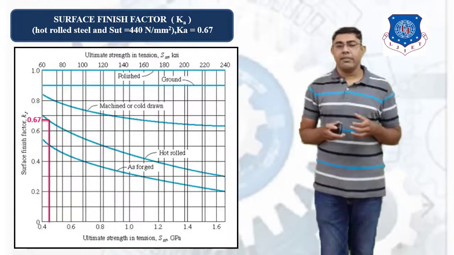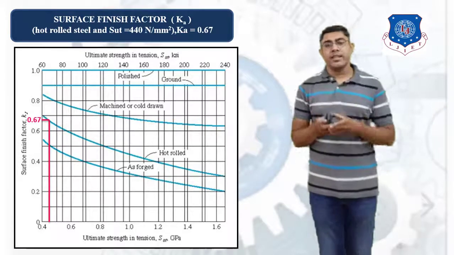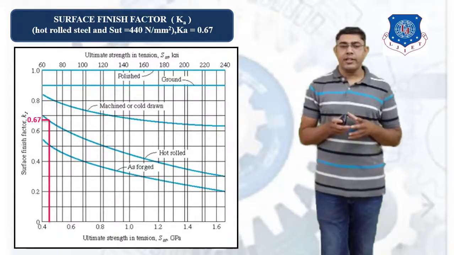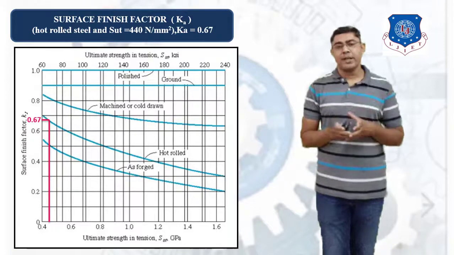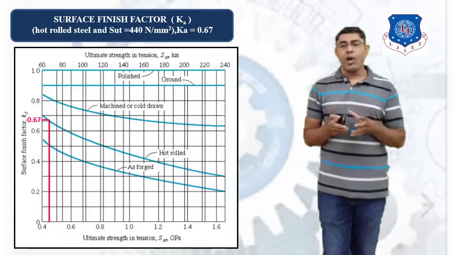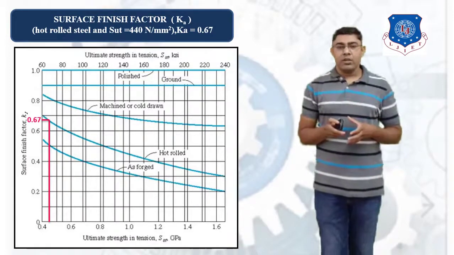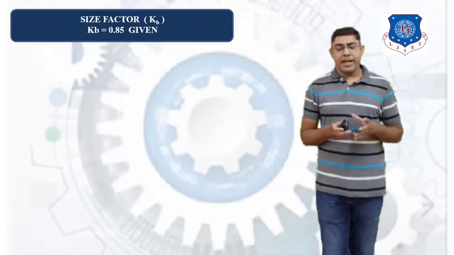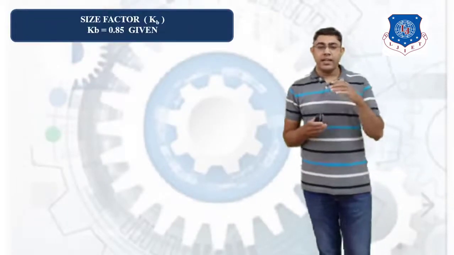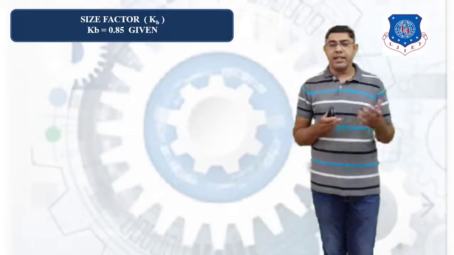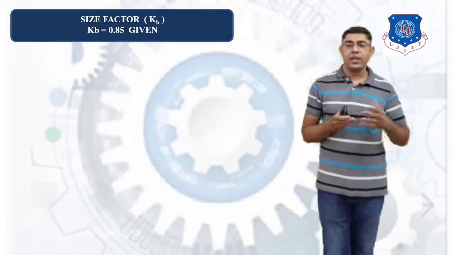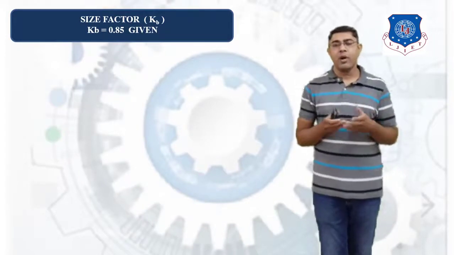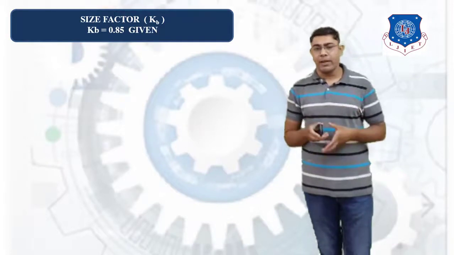We get Ka equal to 0.67. So according to this configuration, the surface finish factor Ka is 0.67. Next is Kb, the size factor. As seen in the problem, the size factor is given, so we take Kb equal to 0.85.